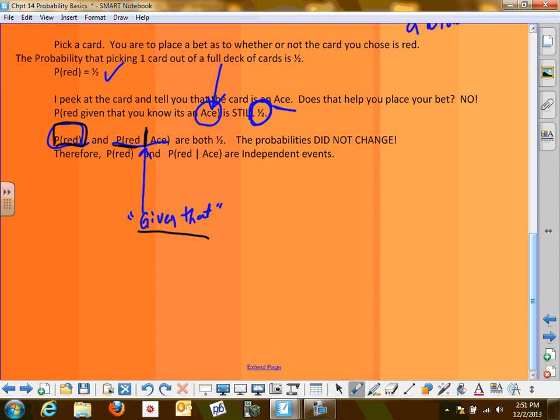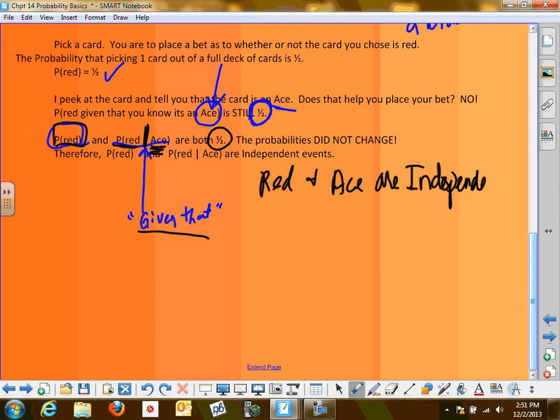The probability of red, given that I tell you it's an ace, is still 1/2. So both of those are 1/2. Since me telling you it's an ace did not change the probability of it being red, then those are independent. Red and ace are independent events.